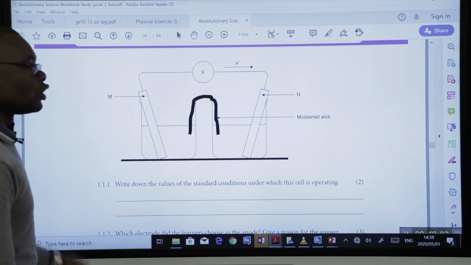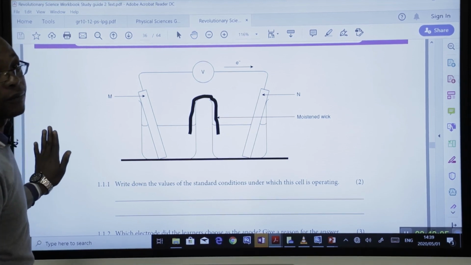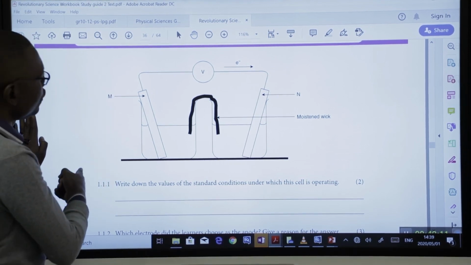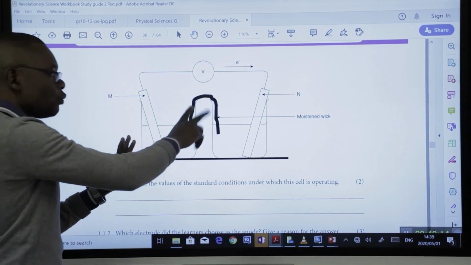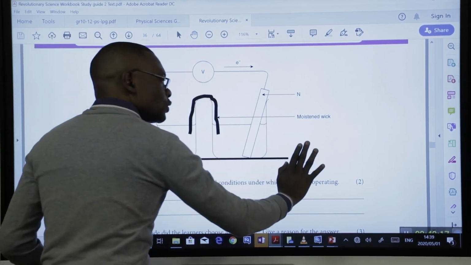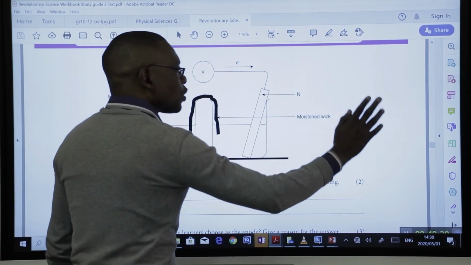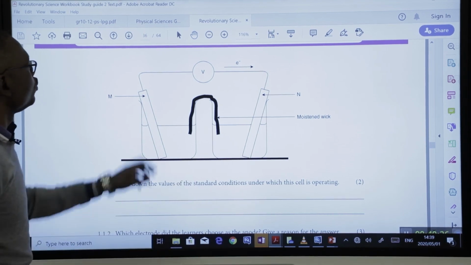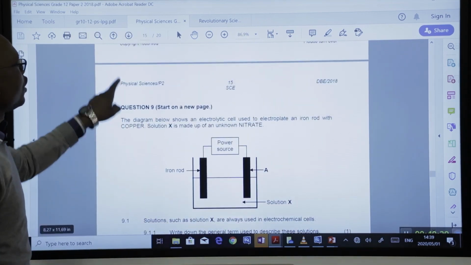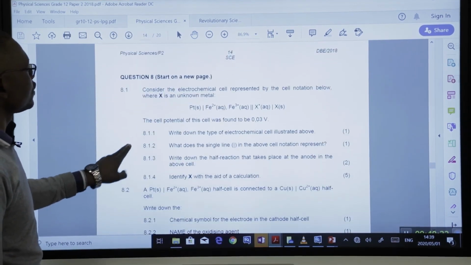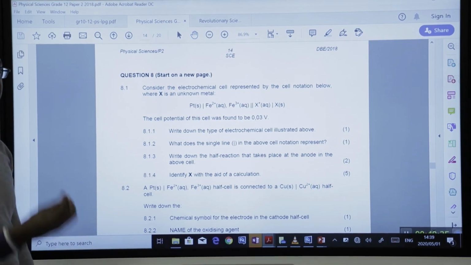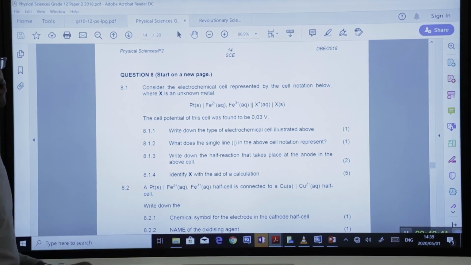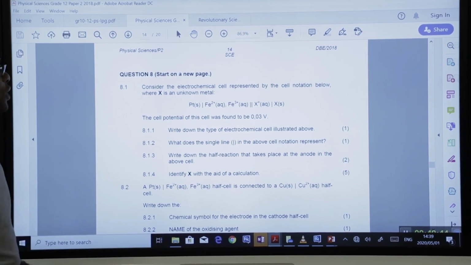And on your left, you start with the solid material and you separate the phase transition with the ionic species, and then you put a double slash and you show the ionic species of the cathode and the solid species of the cathode, and then you will have a clear representation of the cell, just like we used this example here. And I emphasize that the physical state of the materials is very, very important because it tells the order of arrangement of materials in your cell as you are representing it.